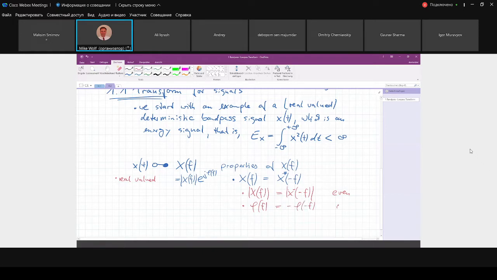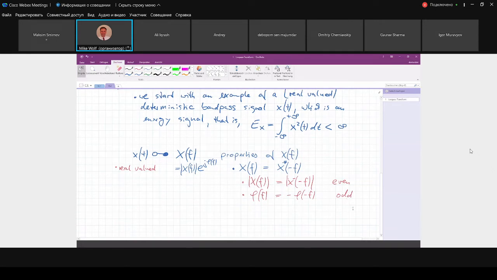The phase is always an odd function. What does it mean? All this means that the left-hand side of the spectrum, for negative frequencies, is redundant, but it's required because we need to generate, by this inverse Fourier transform, a real time domain signal.